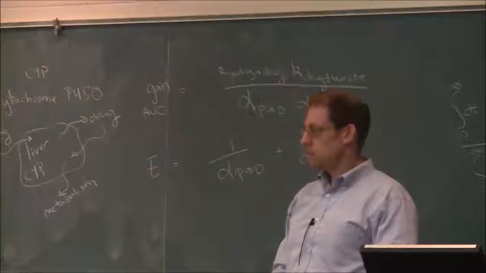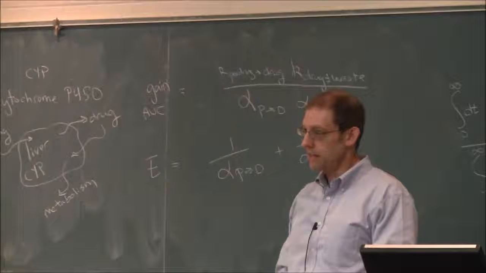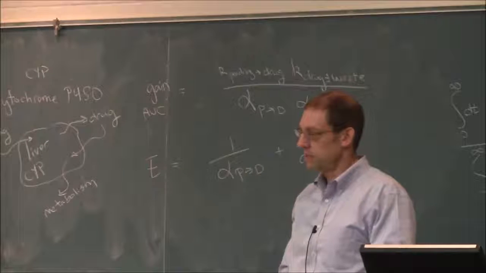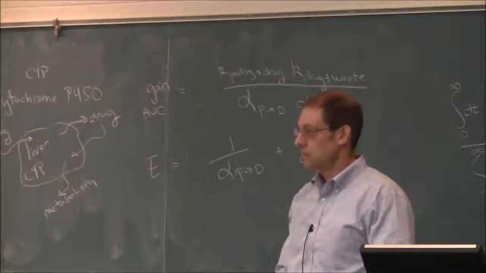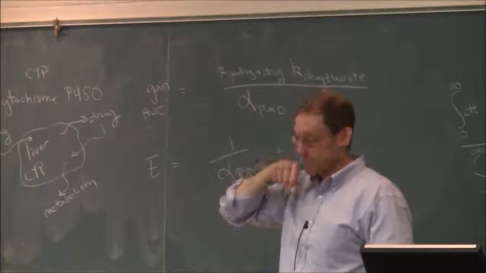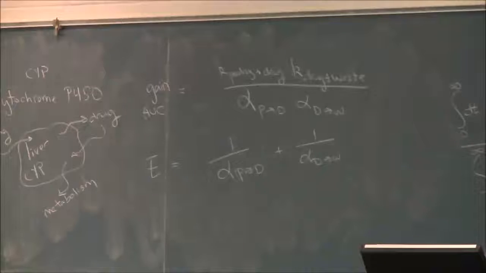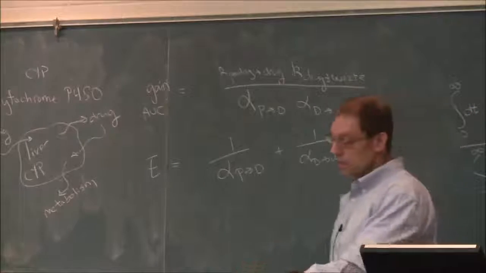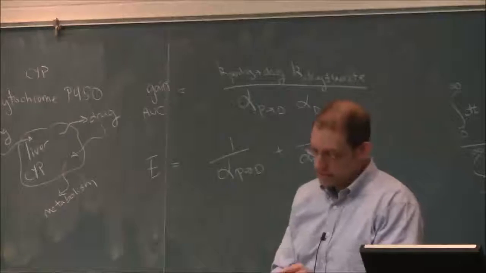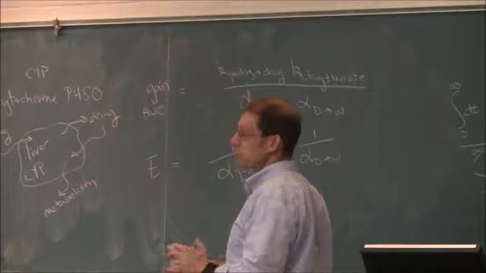All right. So now questions on gain and mean time of response. Yes? So how did we get the AUC equation, the gain for the AUC again? We're just defining the gain as the area under the curve of the response function.